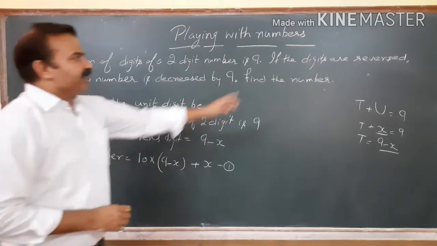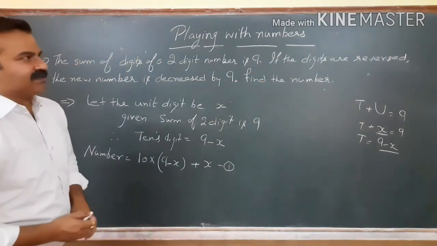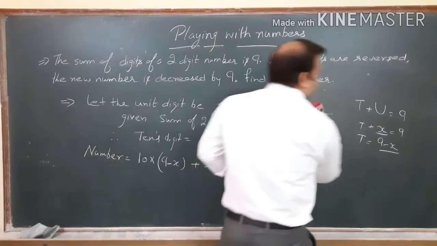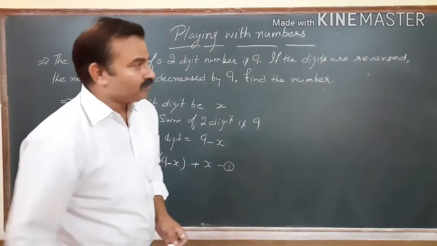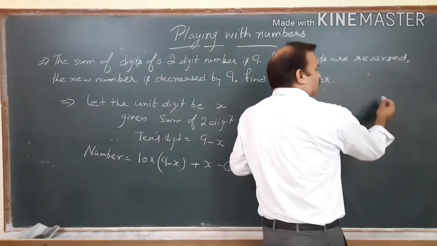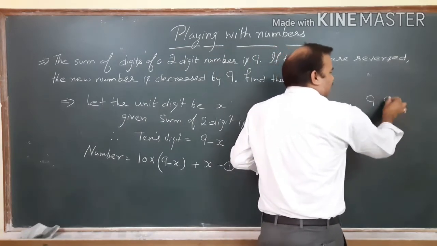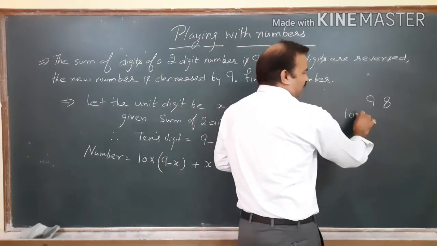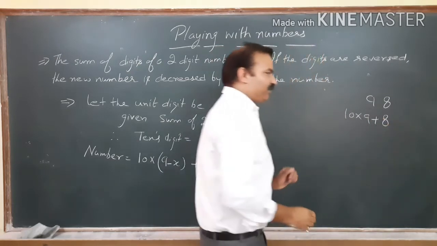Now, second is, if digits are reversed. What does reversed mean? I'll explain once again. Suppose I take an example, let the number be 98. The general form of this is 10 multiplied by 9 plus 8.